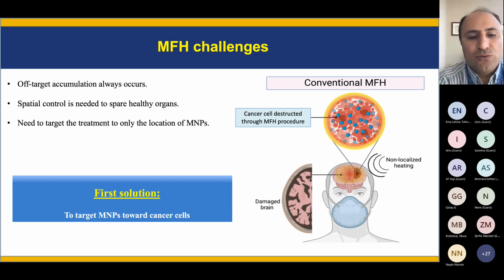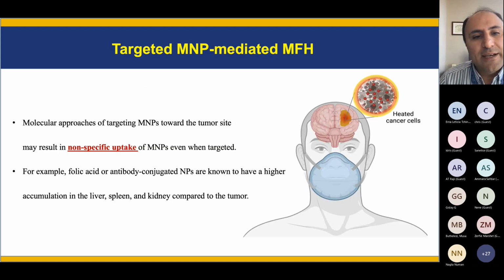The first solution is to target magnetic nanoparticles towards cancer cells using molecular targeting. By molecular targeting, I mean we can conjugate the nanoparticles to some targeting agent like vitamins or antibodies, which can carry the nanoparticles.